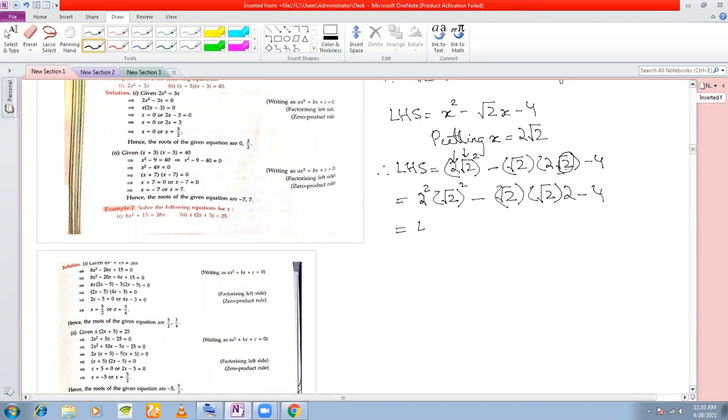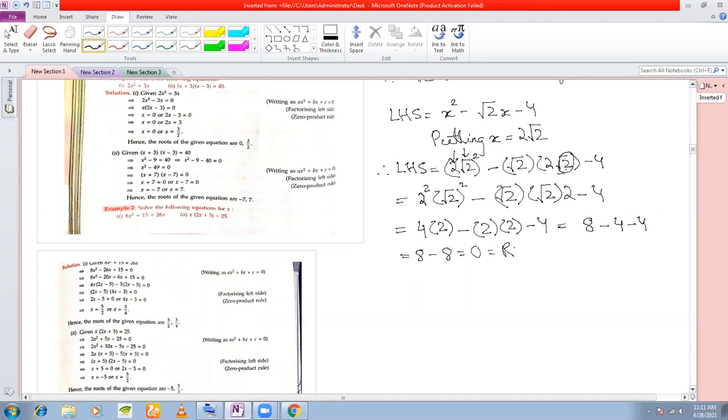So this becomes 2 square is 4 and root 2 square is simply 2. So this becomes 4 into 2, minus root 2 into root 2 is 2, and you already have a 2 there, minus 4. So this becomes 4 into 2, 8, minus 4, minus 4. So this becomes 8 minus 8, which is equal to 0.